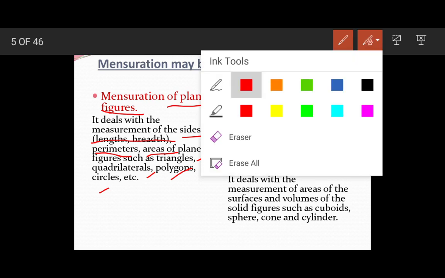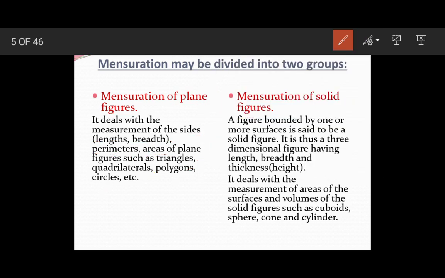Then mensuration of solid figures. A figure bounded by one or more surfaces is said to be a solid figure. It is thus a three-dimensional figure, having length, breadth and thickness. Thickness means height.